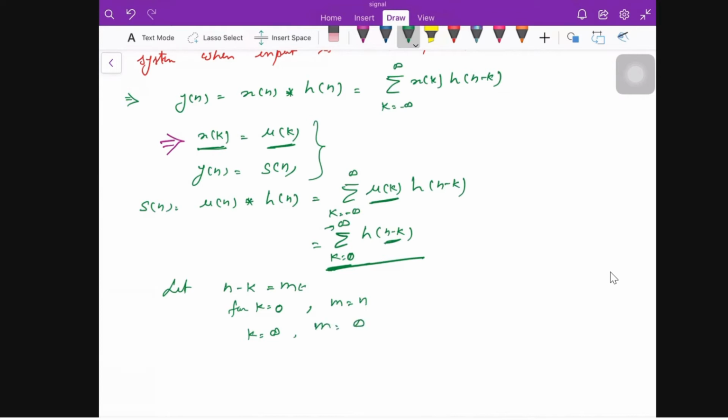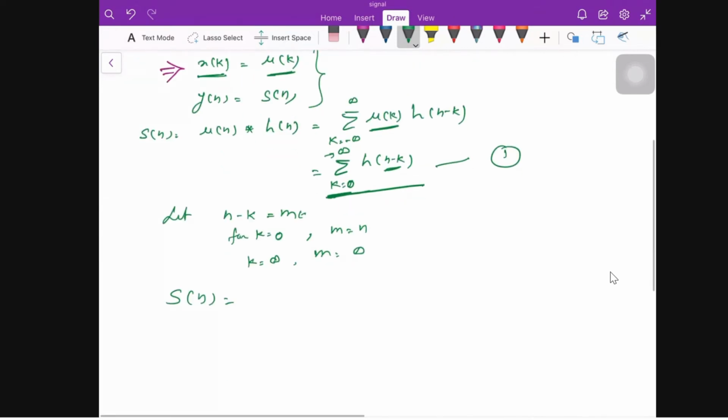So writing this as equation number 1, in terms of m, Sn equals the summation from m equal to n to minus infinity of hm, because putting k equal to infinity gives minus infinity.